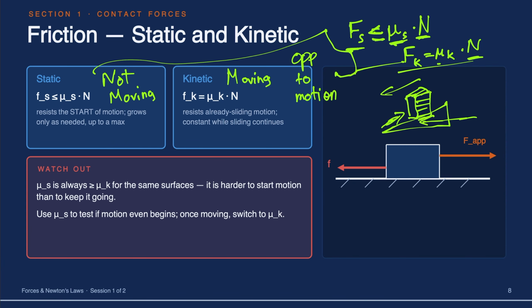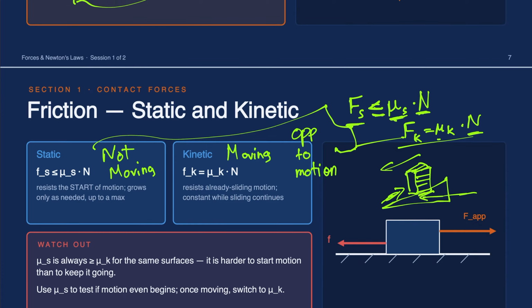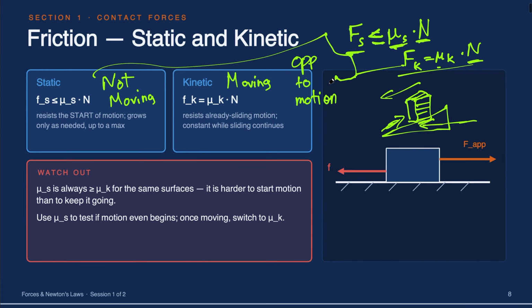Okay? And that has to be less than or equal to mu s times n. Which means friction static depends on a few things. First, it depends on mu s and n, like obviously, right? And then every object at a particular angle or just at rest is going to have a particular friction static, okay?